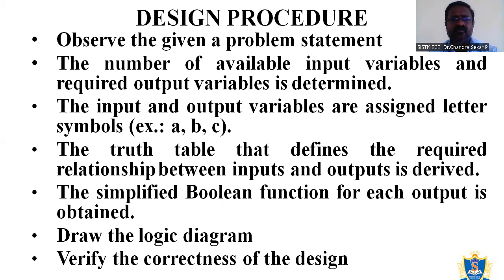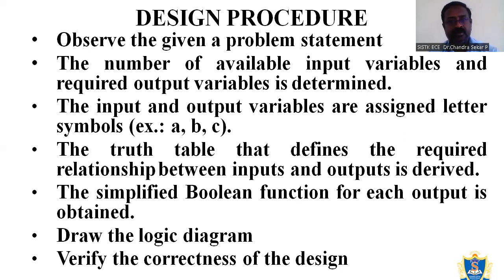Next we have to draw the truth table and derive the relationship between the input and the output. The truth table defines the required relationship between the input and the output, that is, for the corresponding input, what output the combinational circuit should produce.